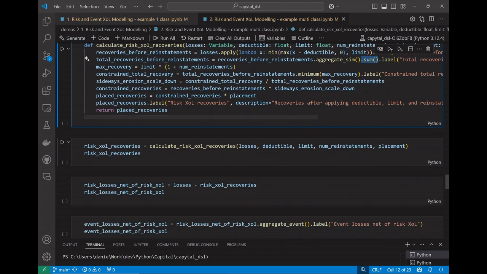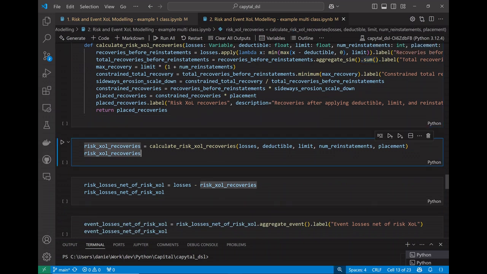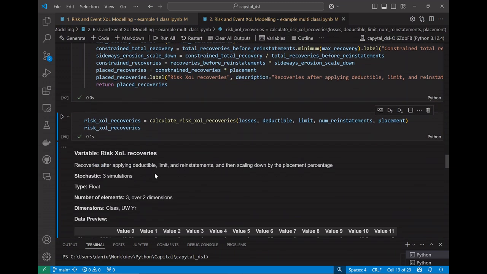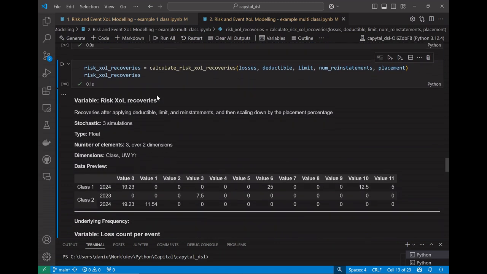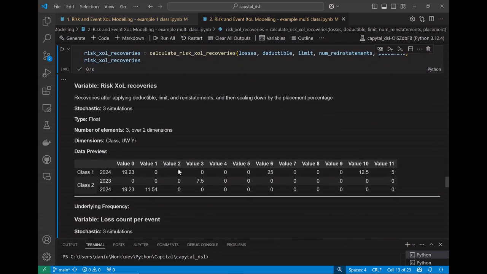That means we can now calculate our recoveries just as before. We now get our variable risk XL recoveries just as they were before.